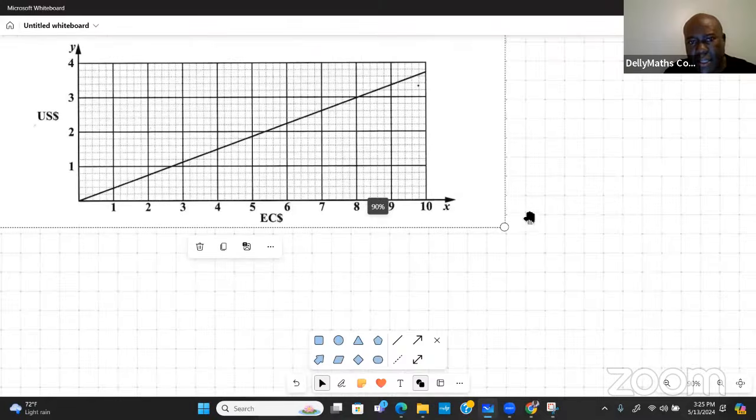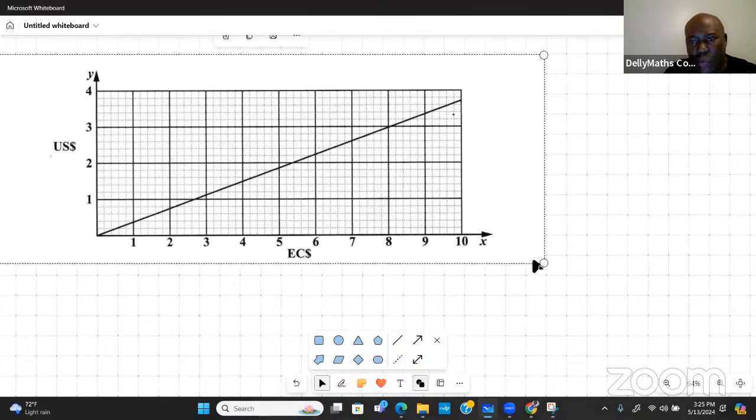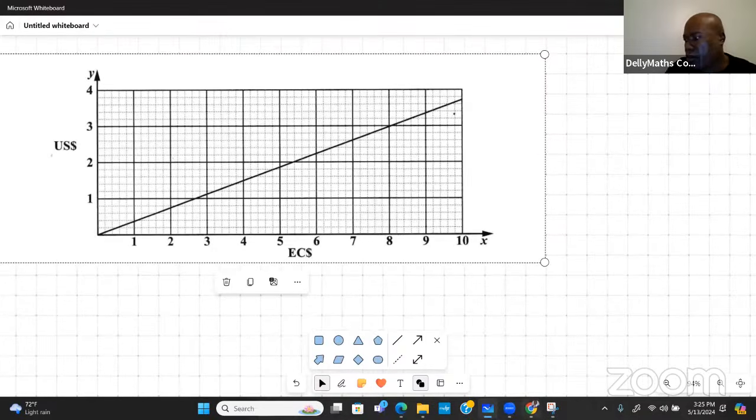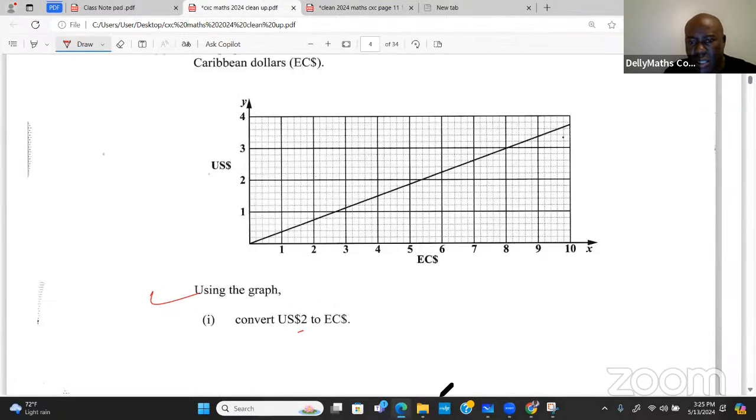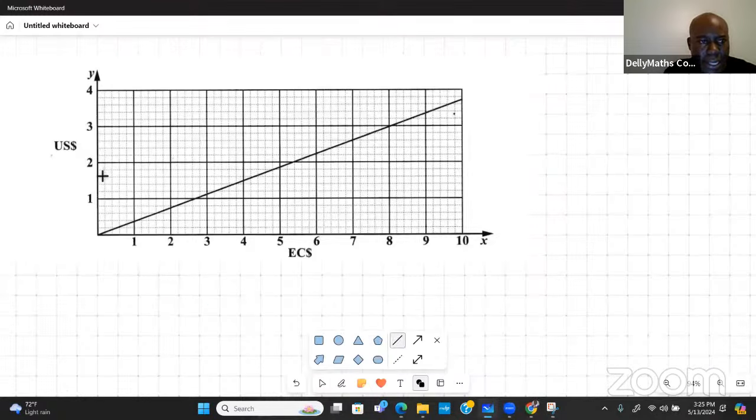All right, let's take a look at this. So what we're looking at is $2 US. We want to make sure that we're reading 2 US to EC. Let's go back. 2 US. I'm going to take a line where 2 is. Right here. And the moment it touches the graph, I'm going to stop and take it down from here.